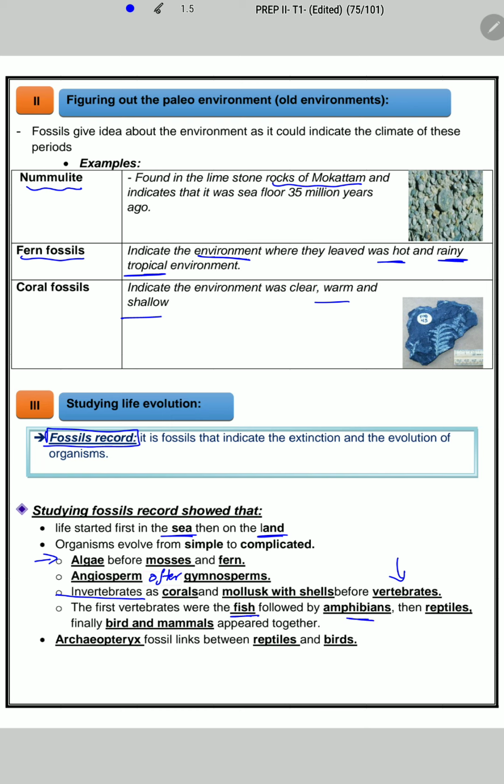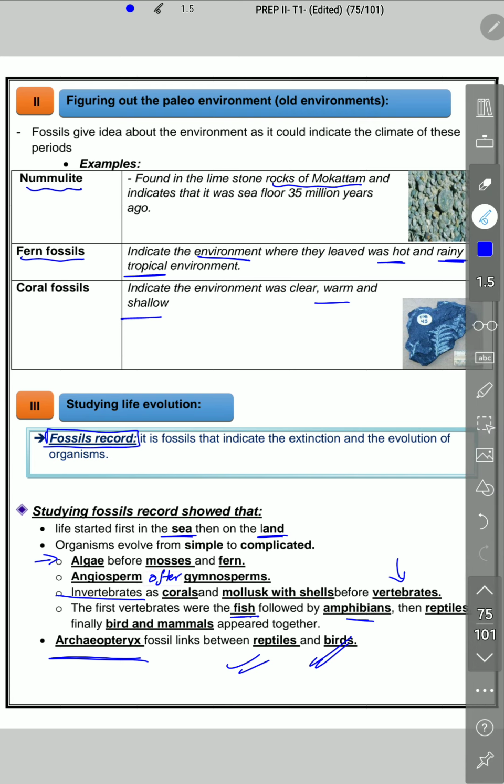Then amphibians, البرمائيات. Then reptiles like snakes. And finally, birds and mammals appeared together. The Archaeopteryx is a kind of fossil that links reptiles and birds.